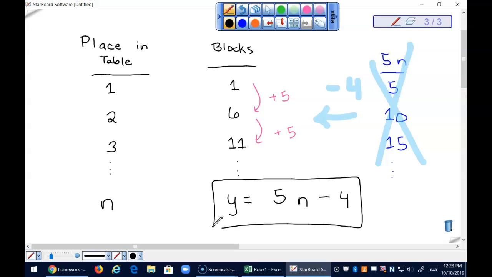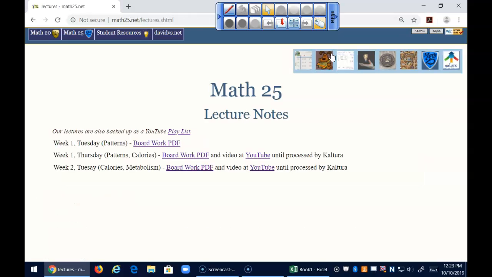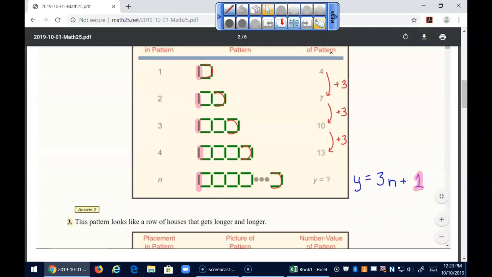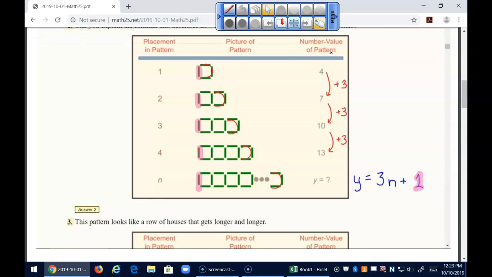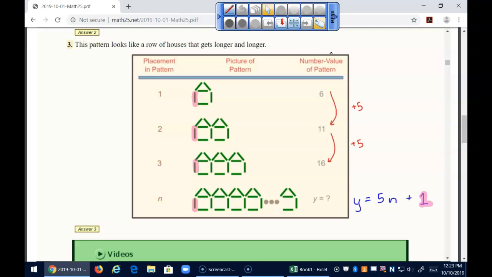So then you look at the multiplying list and say, what am I needing to add or subtract to make the list I want? So if we know whatever the difference is between them, we turn that into a multiple. We can go back and look at our stuff from the first day. So when it was plus 3s, it turned into a 3n. When it was plus 5s, it turned into a 5n.